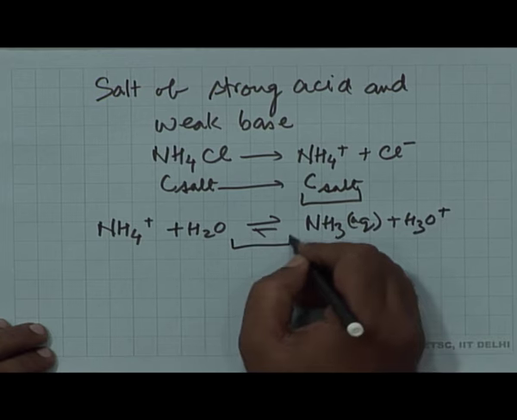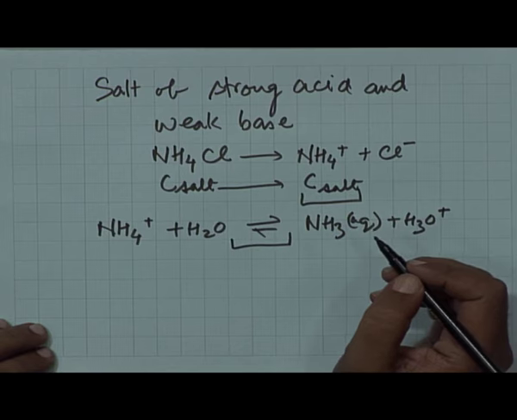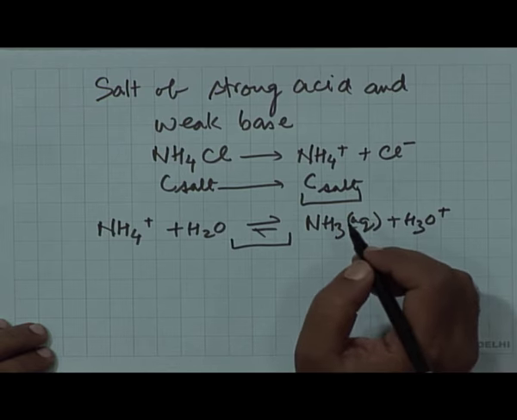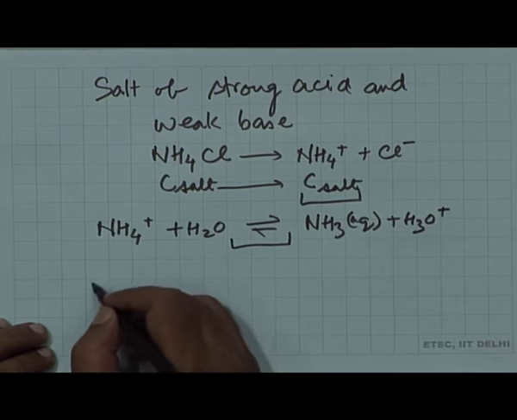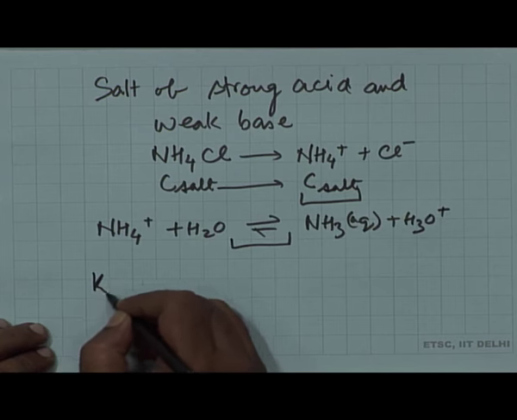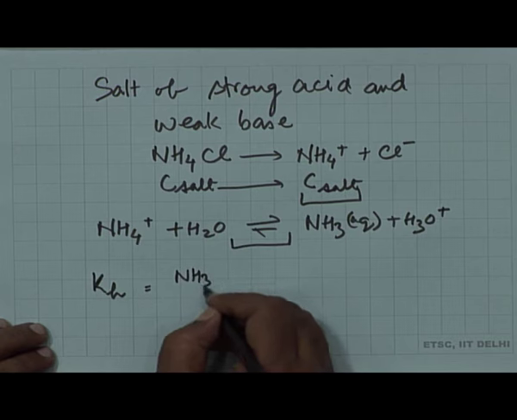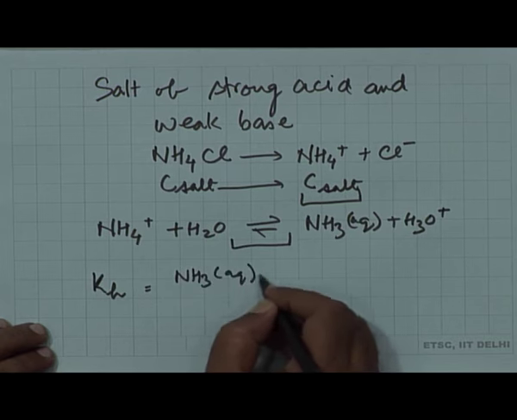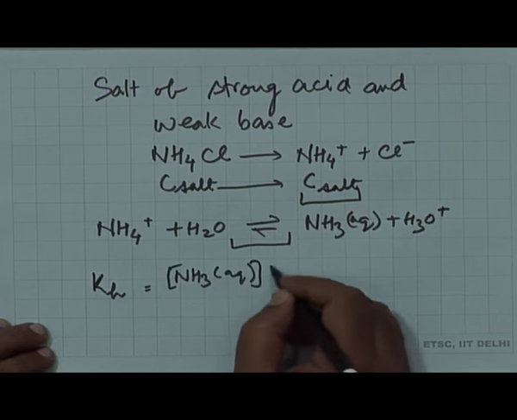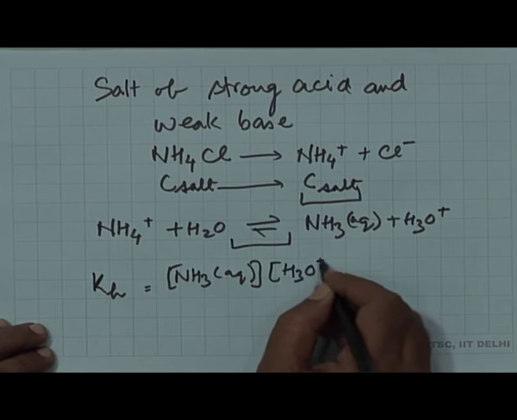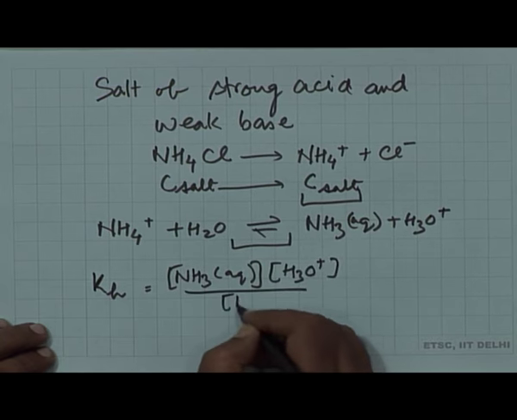This is your reversible reaction. And so, you can write Kh is equal to NH3 into H3O plus divided by NH4 plus.